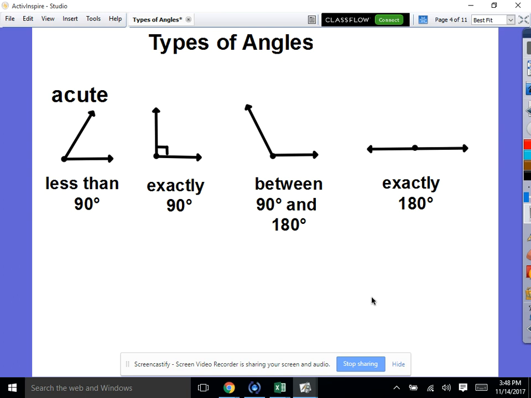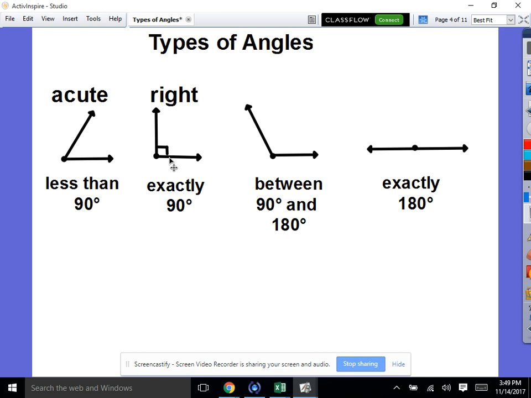Sometimes you can think of it as a little angle, little because it's less than 90 degrees. Exactly 90 degrees is called a right angle, and it is signified by the square inside the angle. That signifies that it is a right or 90-degree angle.